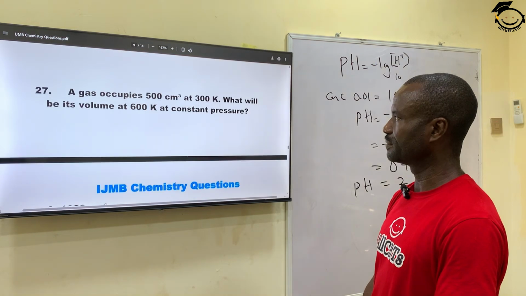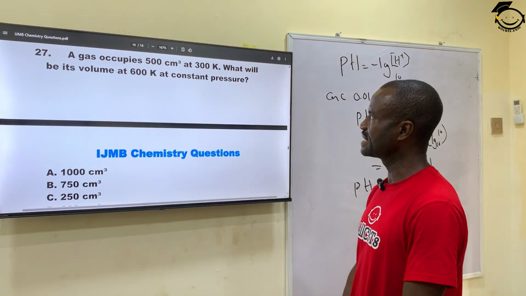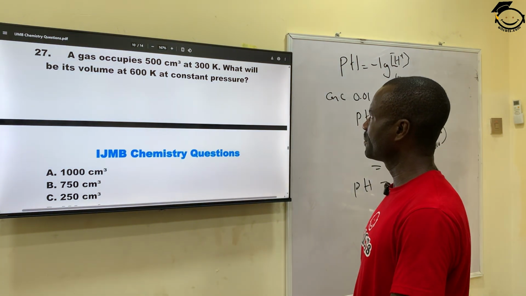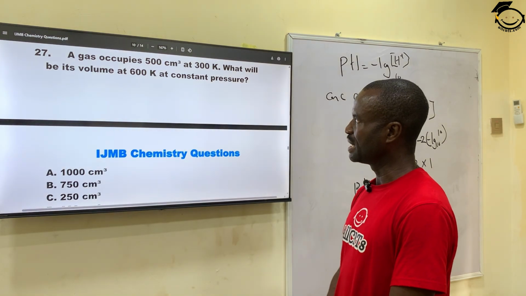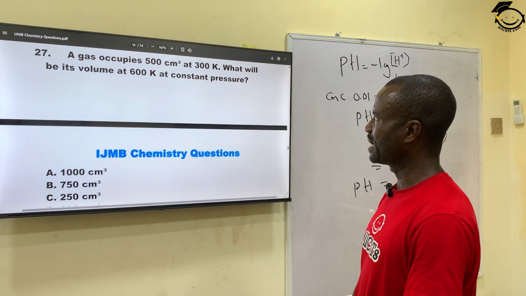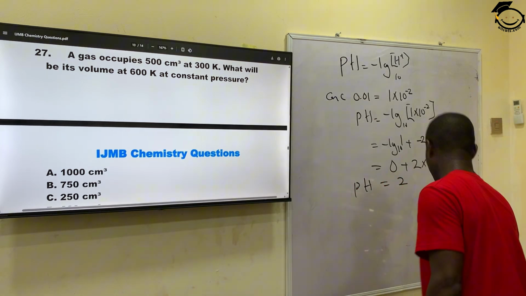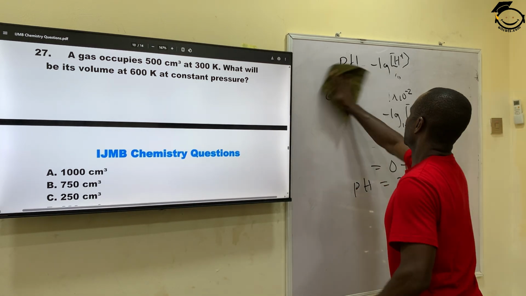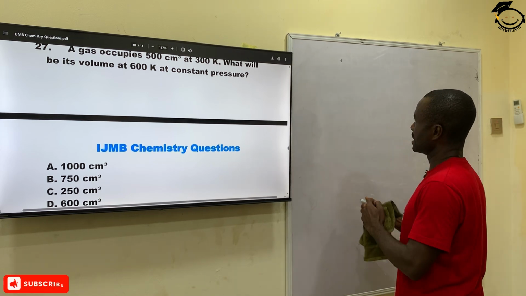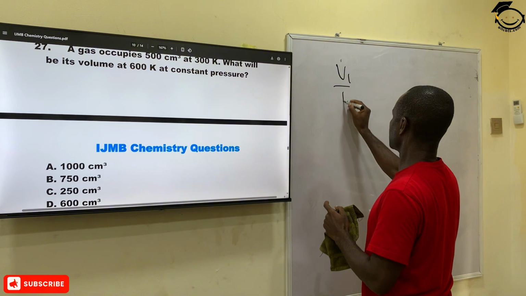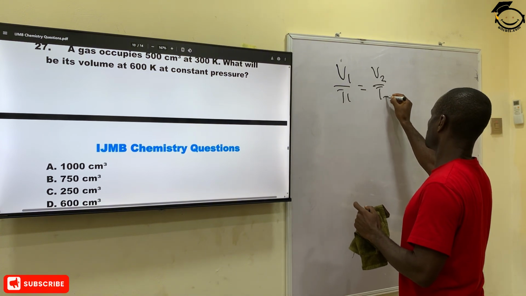Question 27. A gas occupies 500 cm3 at 300 Kelvin. What would be its volume at 600 Kelvin at constant pressure? This is Charles' law. Charles' law has the expression V1 over T1 equals V2 over T2.